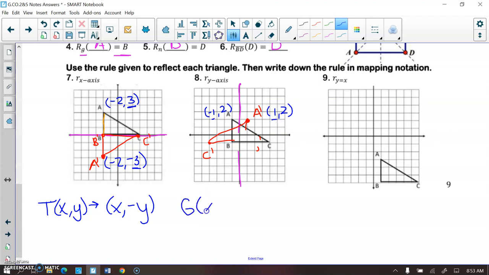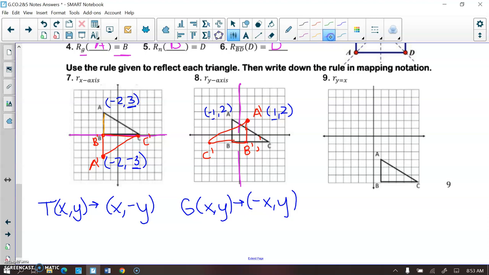So my mapping rule would be that my x value is negative, my y value stayed the same. So if you ever see a mapping rule like this, that would mean that was a reflection over the y-axis. And sorry, part of my triangle just disappeared. There we go.